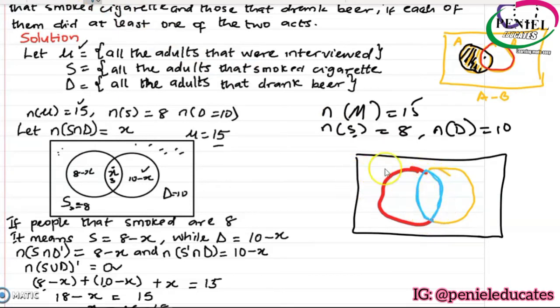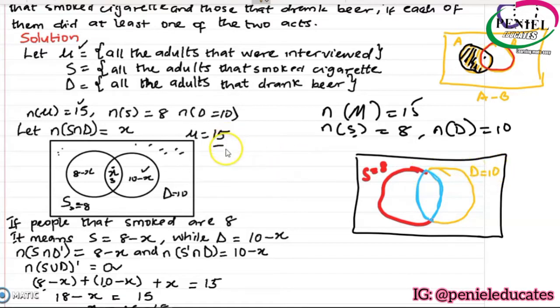All right, so I have this red one, and this is the one that smokes cigarettes, which is 8. So this is 8, and I have the one that drank beer, they are 10.